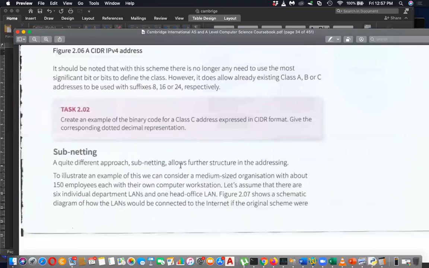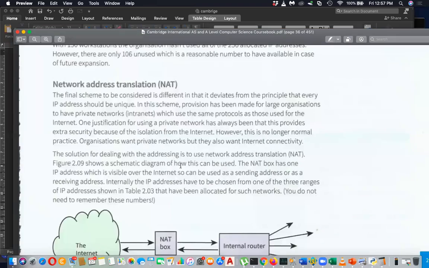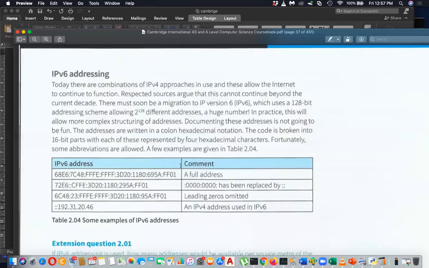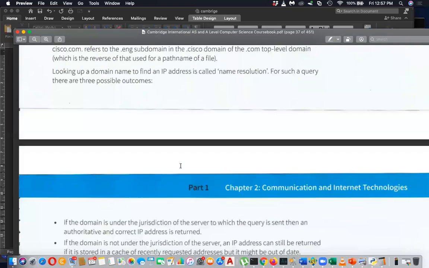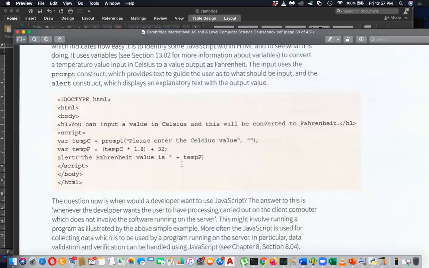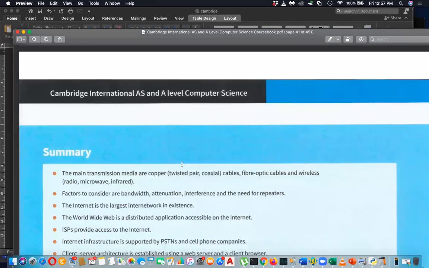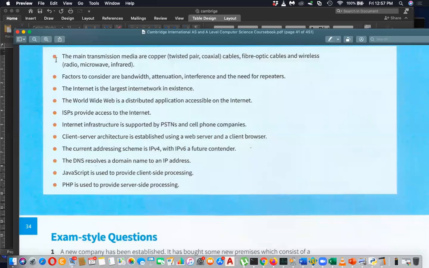I'll go through this quickly, but we have discussed most of it. We also discussed the network, IP addressing and domain names. Then the HTML part, the JavaScript part, and the PHP part. That is the basics we have to learn. I think we can quickly finish chapter 2 because we have almost discussed everything.